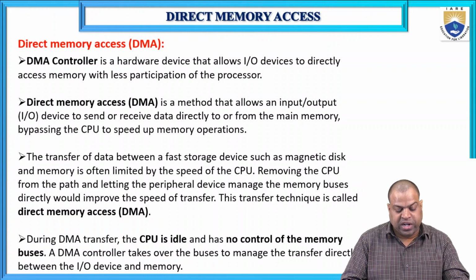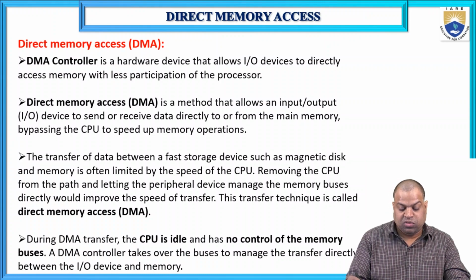The transfer of data between a fast storage device such as magnetic disk and memory is often limited by the speed of the CPU. Removing the CPU from the path and letting the peripheral devices manage the memory buses directly would improve the speed of transfer. This transfer technique is called direct memory access.